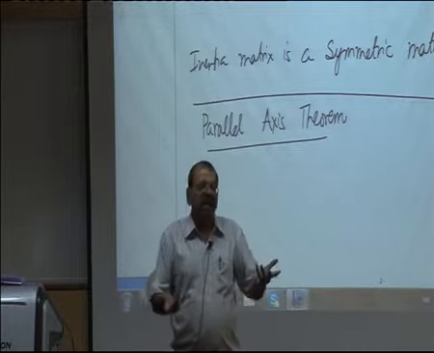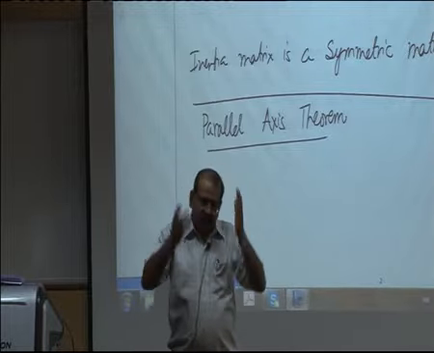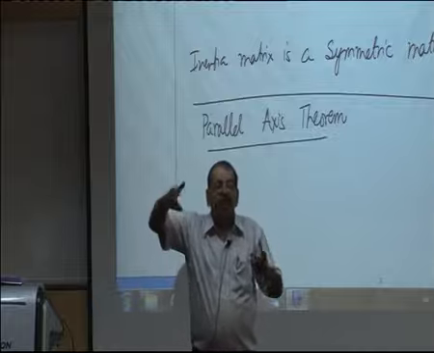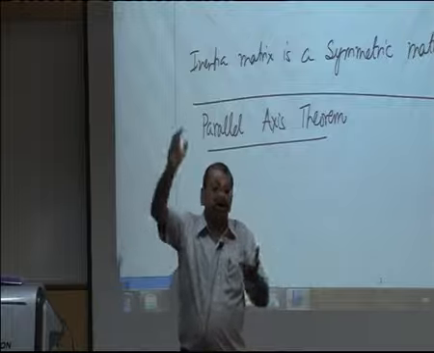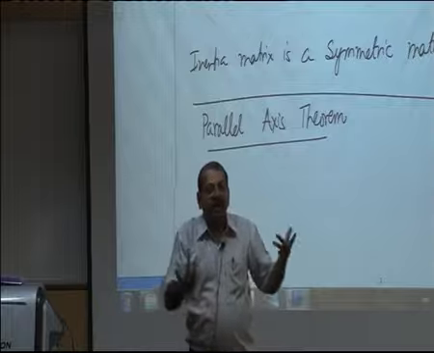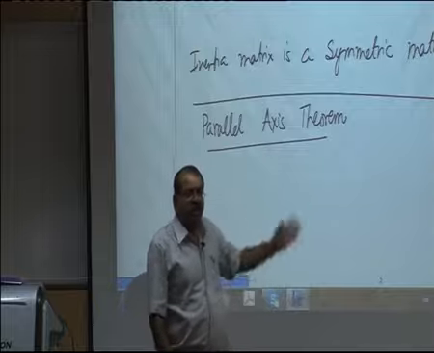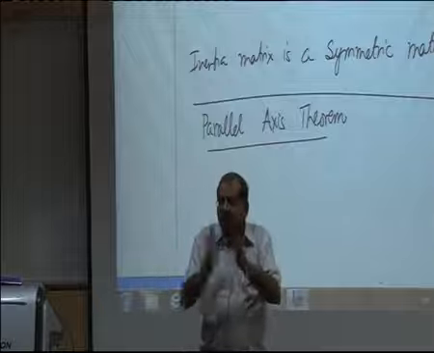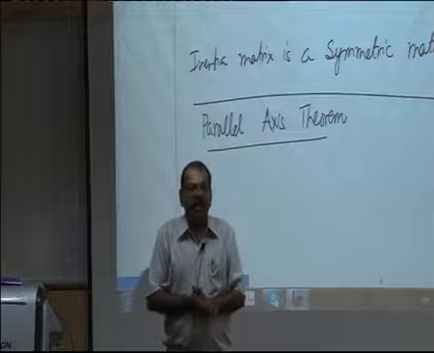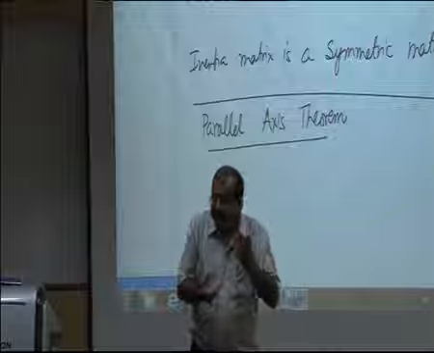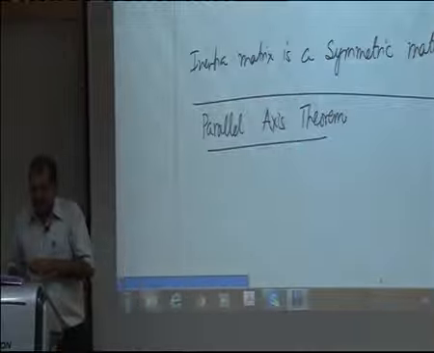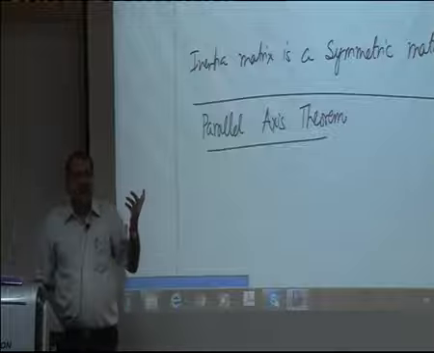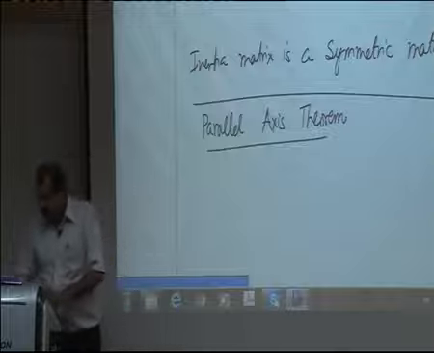Obviously, I can make a set of axes at B where x, y and z are not parallel to the x, y, z at A. But when we talk of the parallel axis theorem, the x, y, z axes at the two points are always parallel. And we will want to find this for the inertia matrix.